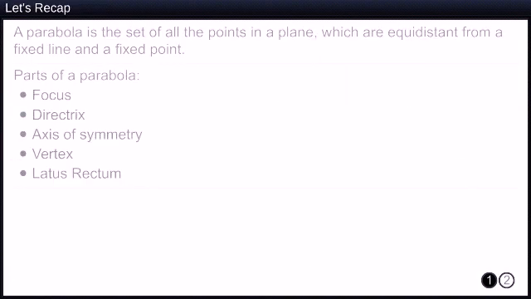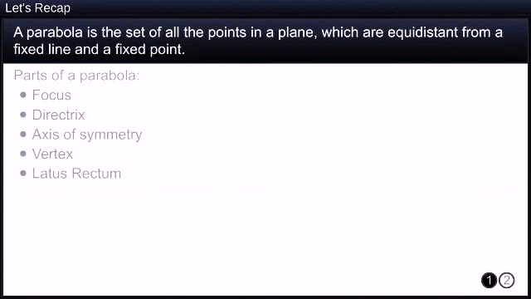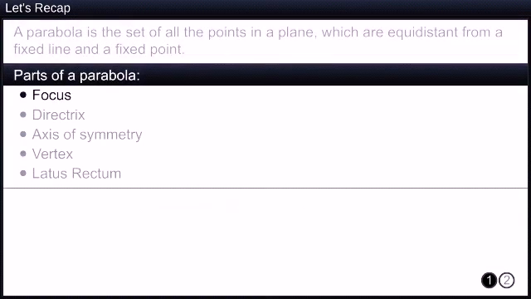In this module, you learned that a parabola is the set of all the points in a plane which are equidistant from a fixed line and a fixed point. A parabola has a focus, a directrix, an axis of symmetry, a vertex, and a latus rectum.